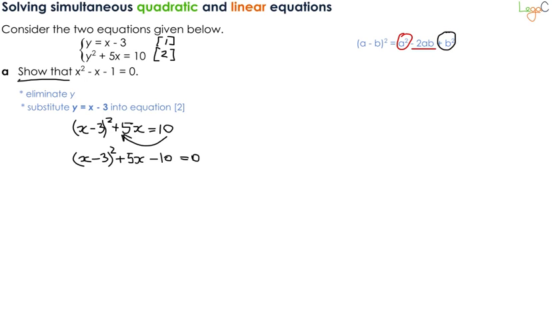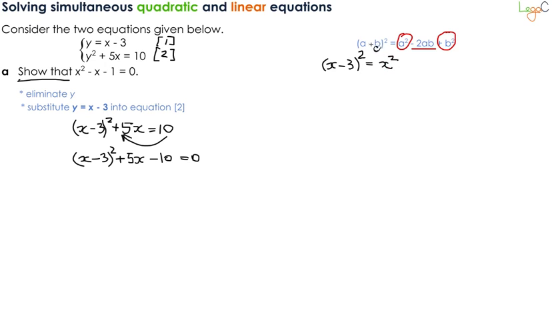So I'm going to expand x minus 3 all squared. First of all, I'm going to expand it using this formula. It says the first term squared, which is x, so x squared.